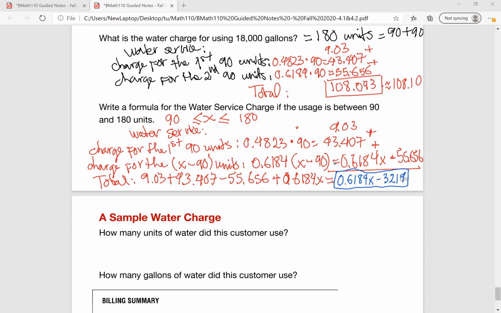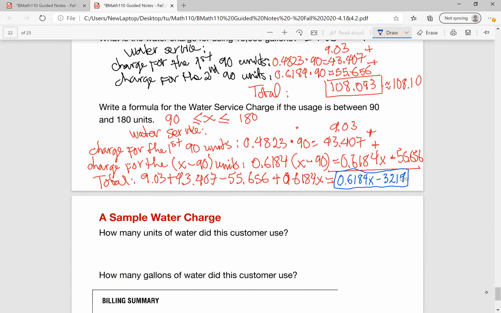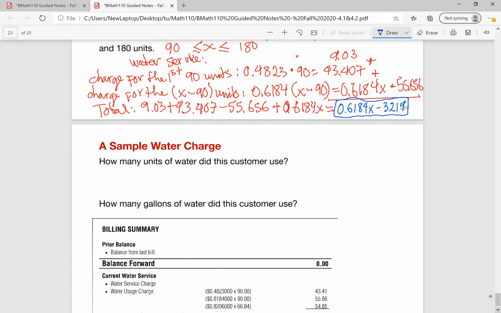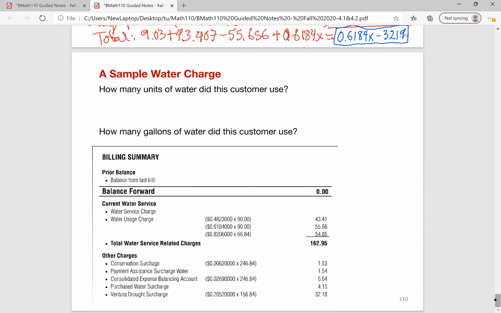Okay, so now let me move to the last page. We see here a bill from a customer, and the question is, how many units of water did this customer use?